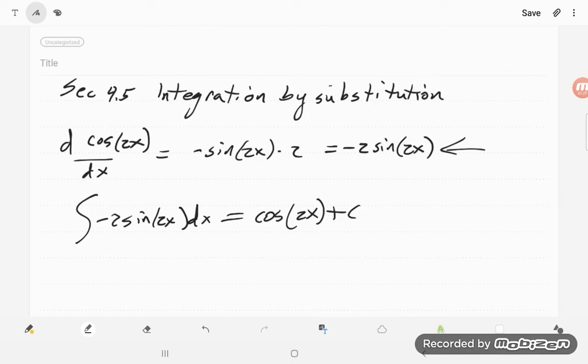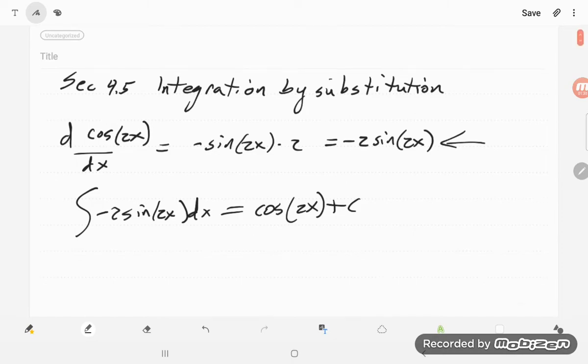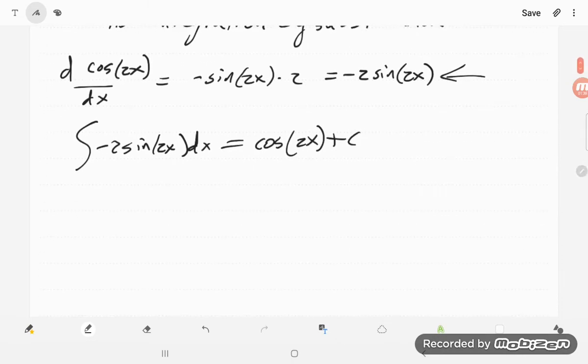Now, though, could you do this if you hadn't seen that derivative right before it? Possibly, right? Because I could look at this and say, well, I see this sine of 2x there, and there's a minus, and I know the antiderivative of minus sine x is cosine x, and so I could guess. I could guess something like, oh, I think the answer is not minus, but positive cosine of 2x.